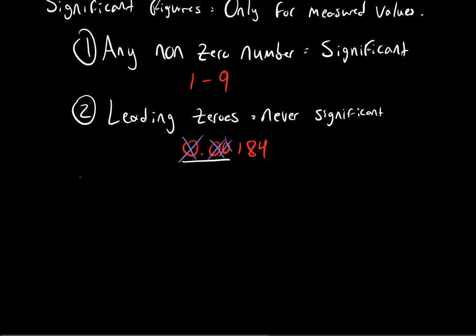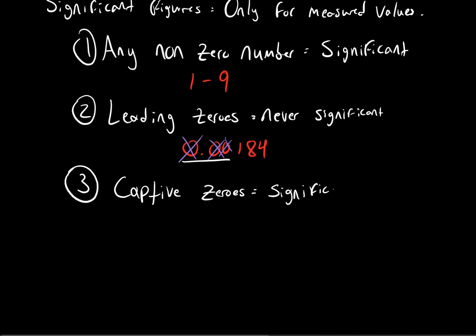Third rule we're going to look at is captive zeros. Captive zeros are always significant. An example of a captive zero would be if I gave you 4,004.